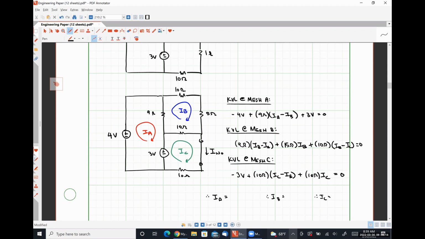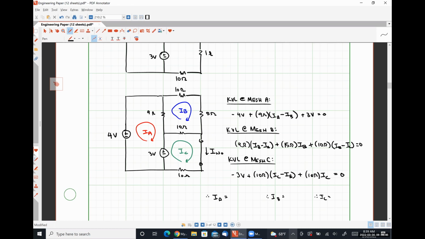My coefficient for IB is 9 plus 15 plus 10. And my coefficient for IC is -10. Constant term of 0. In my third equation, my coefficient for IA is 0. My coefficient for IB is -10. And my coefficient for IC is 10 plus 10. And when I move 3 volts to the right-hand side of the equal sign, my constant term is then 3.